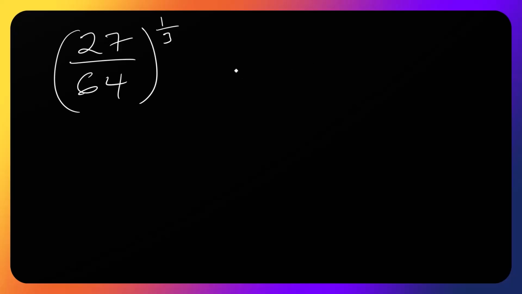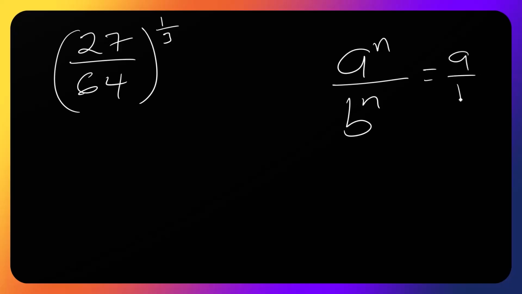Let's record this: a to the power of n over b to the power of n is the same as a over b all to the power of n. So this one is n, that can come here, and it can come here as well.